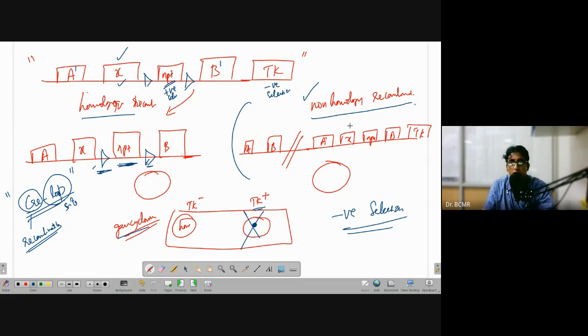And if there are any non-homologous recombinants, they would have inherited TK, so they would have died. Okay. And then the last part is the recombinase recognition sites. We put them both in the same orientation, because only then will we have deletion, otherwise not. Okay, this is the gene construct.